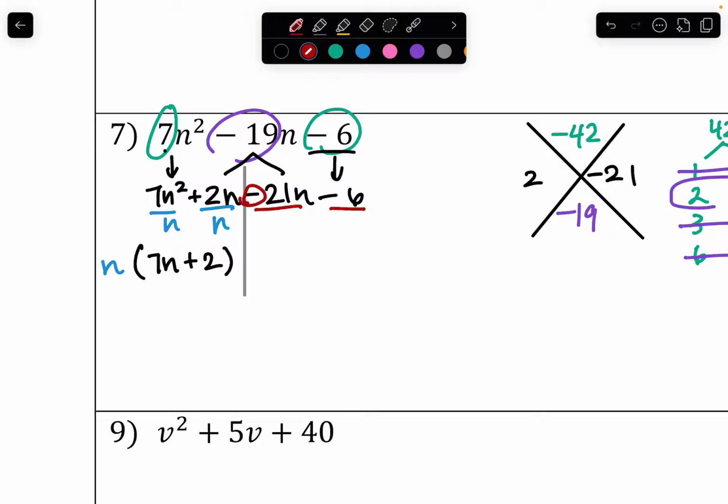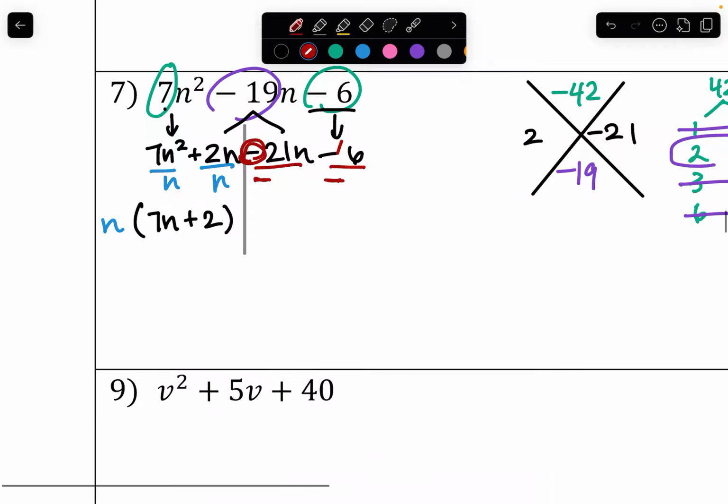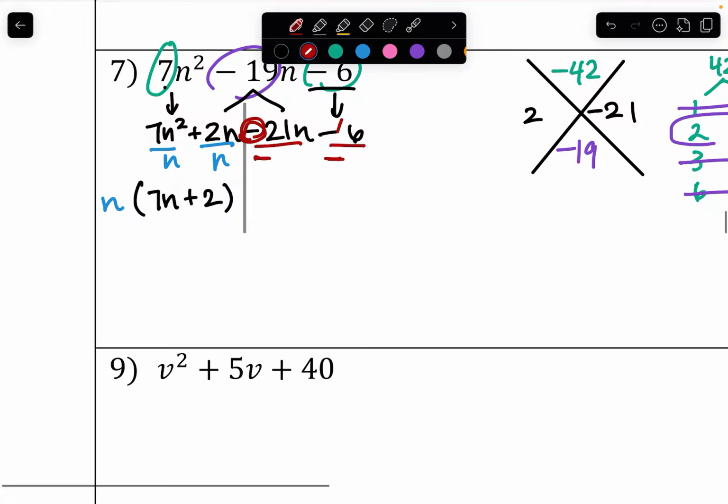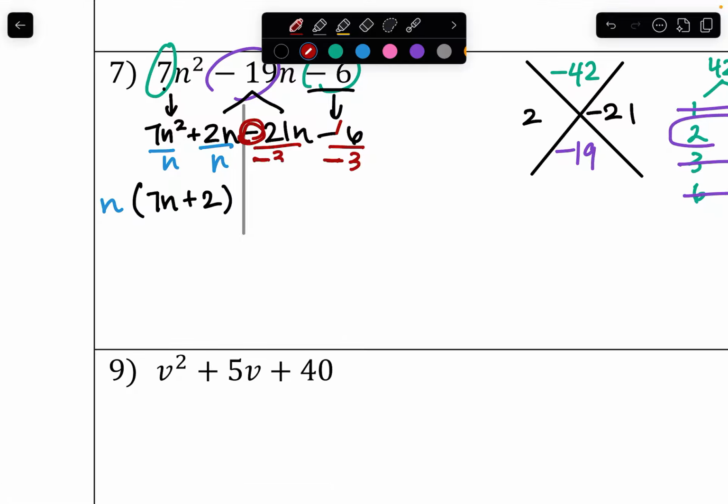If your first term is negative, your GCF is automatically negative. You don't care what this sign is. If the leader is negative, your GCF is negative. And then between 6 and 21, 3 would divide both of those. That leaves us with positive 7n once we do that division, and then positive 2.